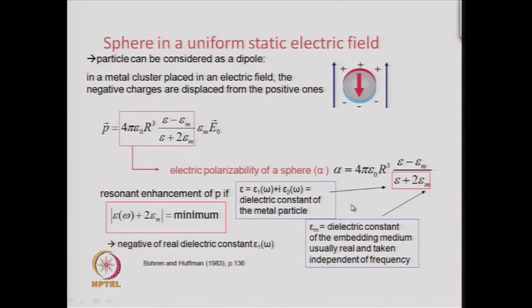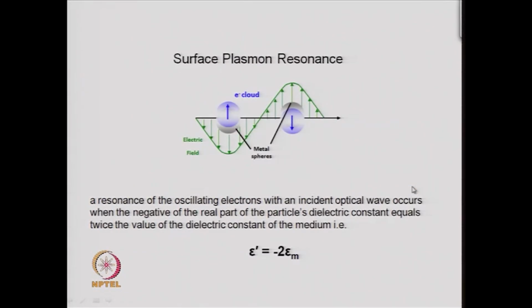Depending on their values, you can find out when this will become a huge value, and that is when we call surface plasmon resonance, or SPR, to occur. So, you will have surface plasmon resonance when epsilon prime becomes equal to negative of 2 epsilon m.